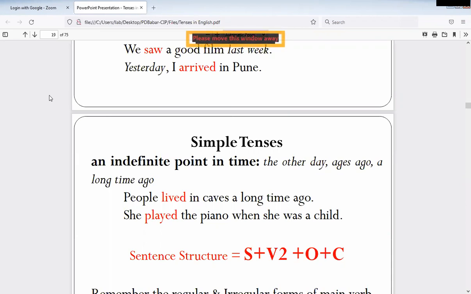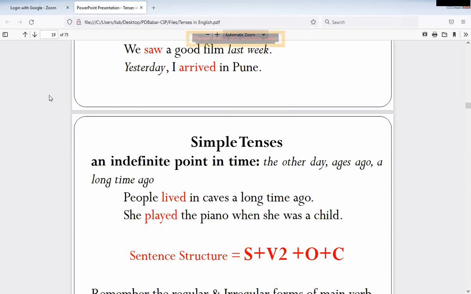Then another example is: she played the piano when she was a child. So in her childhood, when she was a child, she played the piano. She was a child and she had the habit of playing the piano in the past.